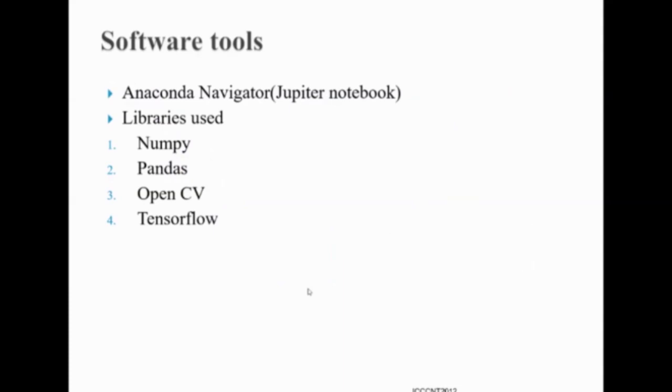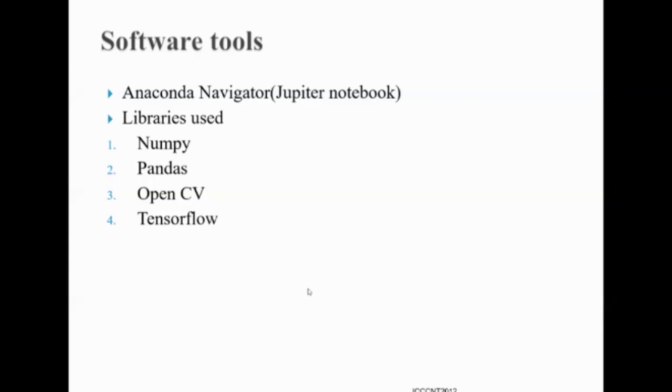NumPy is useful for converting images into arrays, and for every algorithm, arrays are very important. Then we go for pandas. The pandas package gathers the data from the dataset, which my friend already mentioned is the Wisconsin dataset, and we extract the images from it.